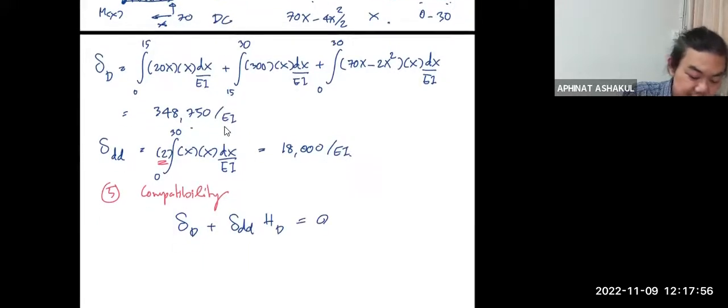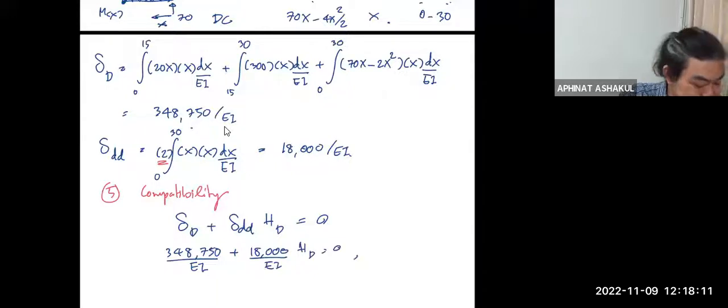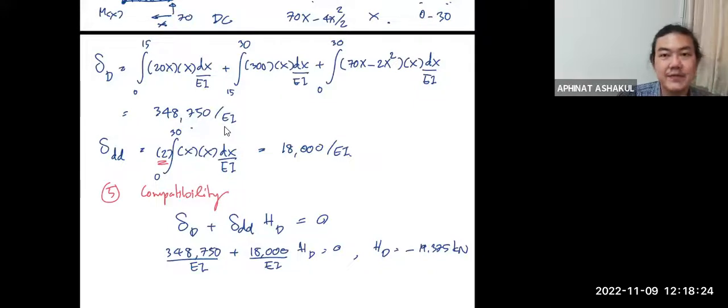So now we have 3, 4, 8, 7, 5, 0, 3 bar 9 plus 18,000 over 9 multiplied by HG equal to 0. So yes, here we go again. HG is negative 19.375 kilonewton, which means that my HD is in fact in the opposite direction of the unit load that I apply.